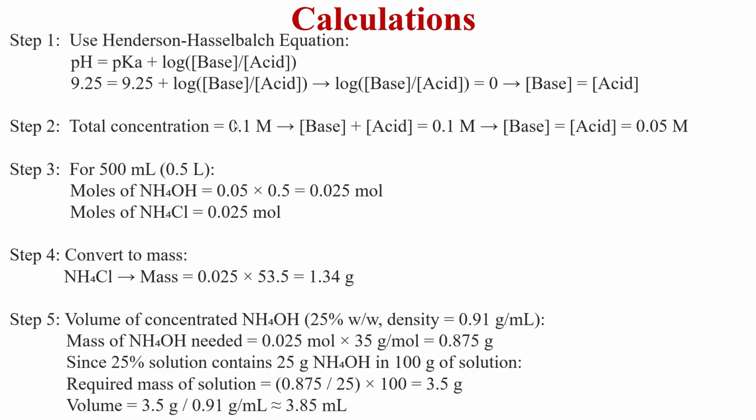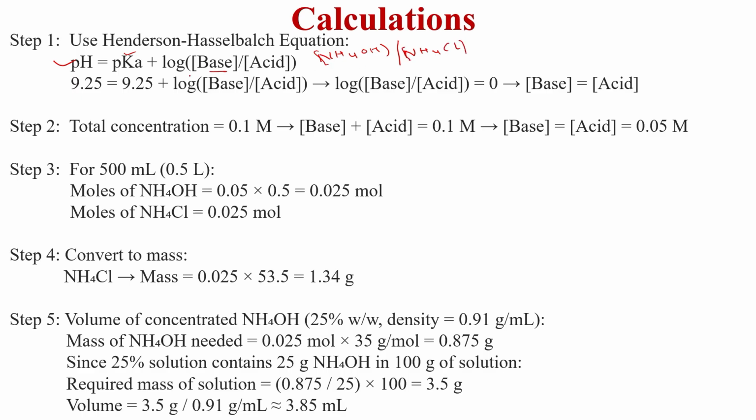Using the Henderson-Hasselbalch equation, because we have a basic buffer, the equation will be pH equal to pKa plus log of base divided by its conjugate acid. Here your base is ammonium hydroxide, and the conjugate acid is ammonium chloride.